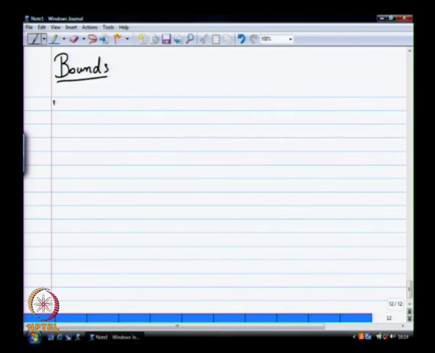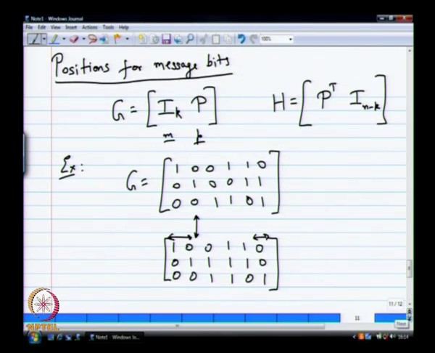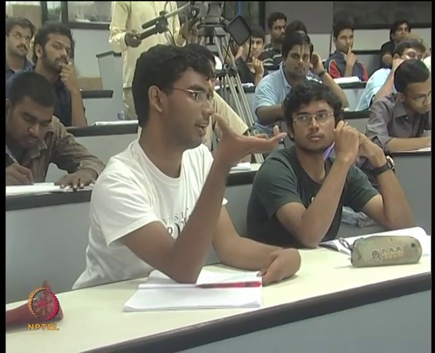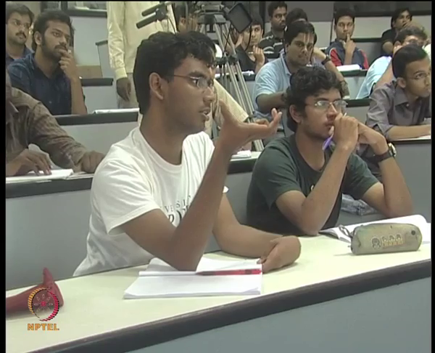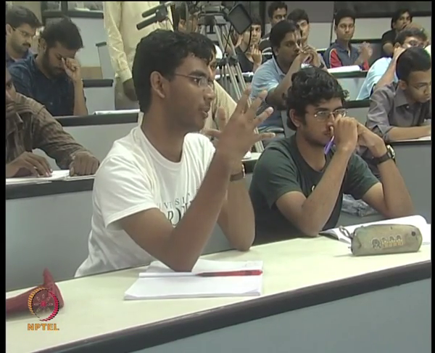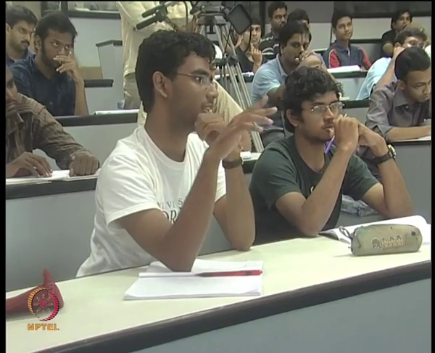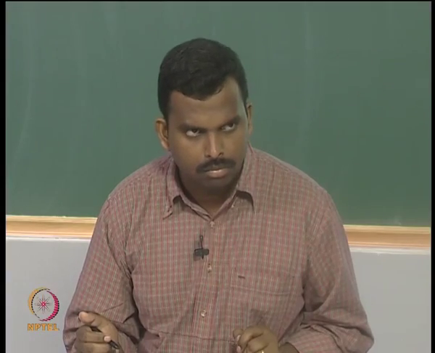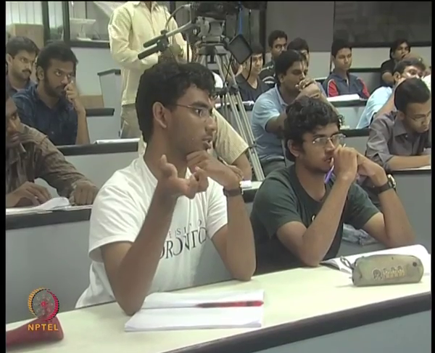So the first bound we will see, yes. The message bits may be contained in a set of linearly independent columns, but may not be apparent as such. In the sense, unless you get columns which in some form can be swapped such that they form an identity matrix, you may not get the message bits as such from those.